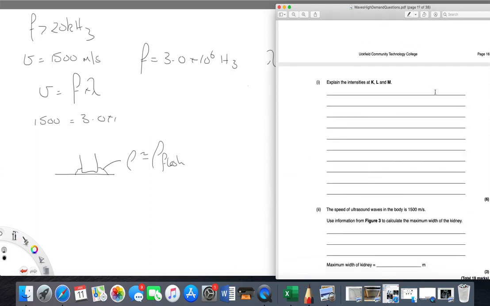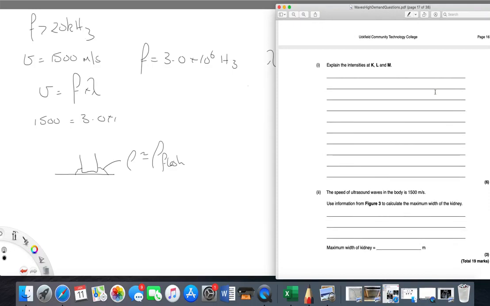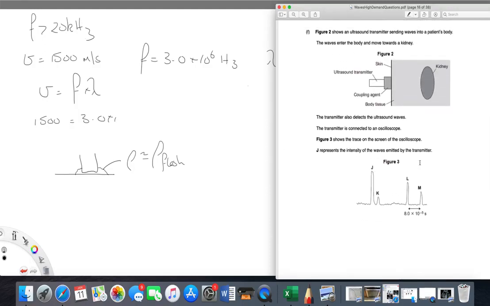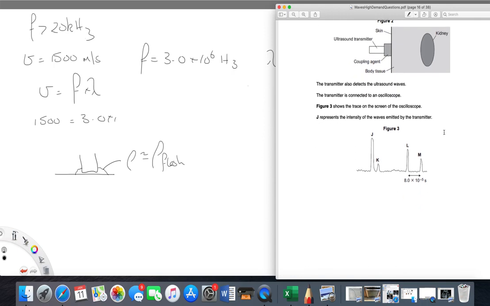And the question says, explain the intensities at K, L and M for 6 marks. So, in my early thinking, I've established reflection here, reflection here, reflection here. So there's 3 of my 6 marks. I've got to look for 3 other things to say here.